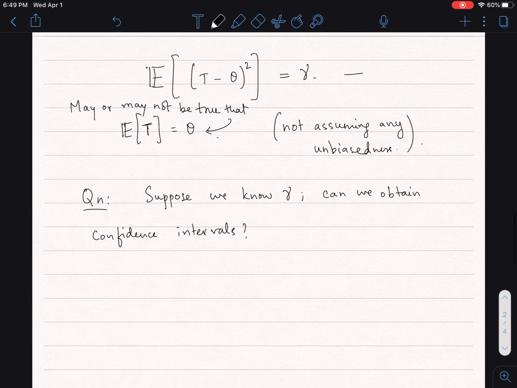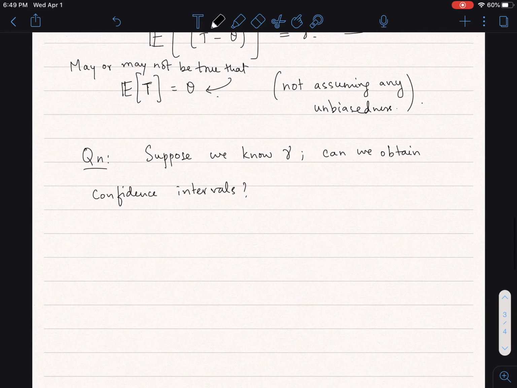Let me draw a picture. The key idea is to look at t, which is some estimator for theta, and so t is a random variable, which means it has some distribution, some PDF.